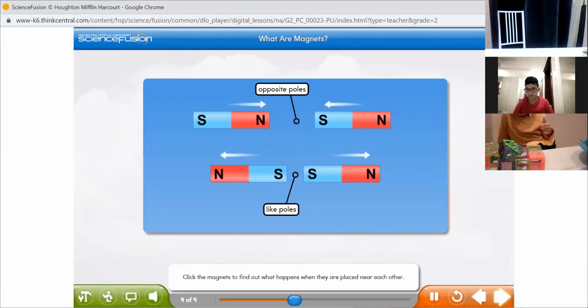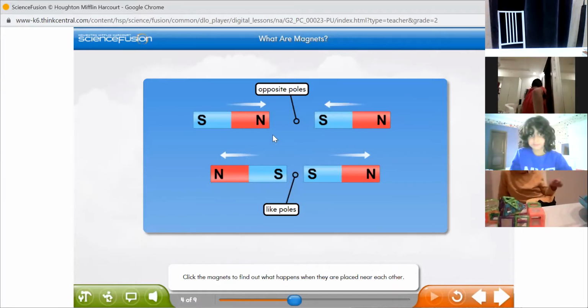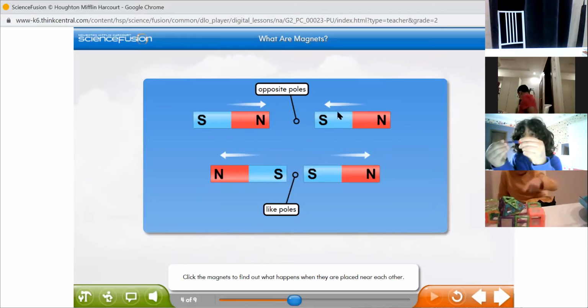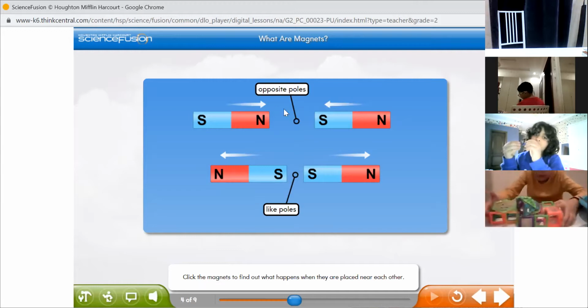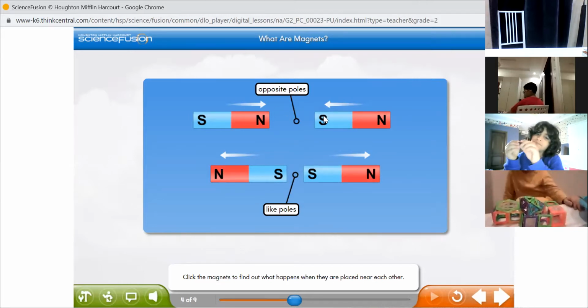Click the magnets to find out what happens when they are placed near each other. Now see, over here you have different poles facing one another. Hi, Abdulillah Al-Badi. Are they different poles or same poles? Different. What will happen?